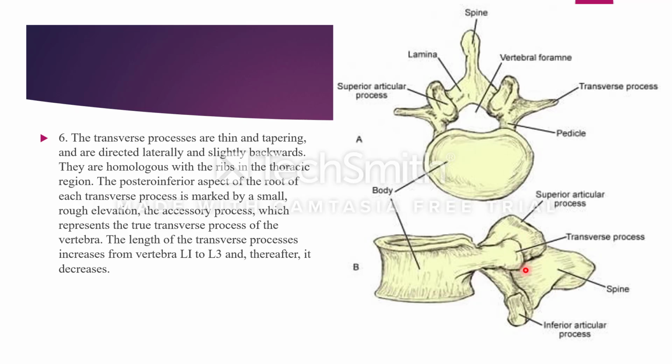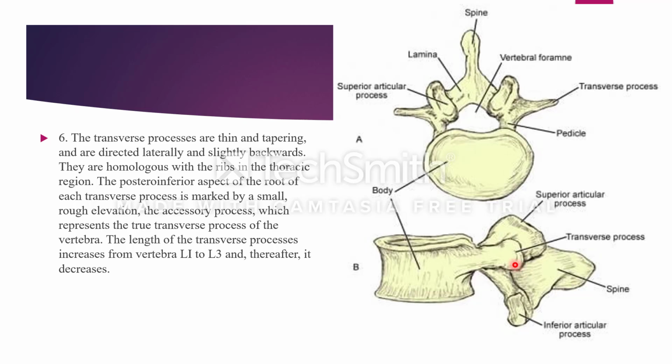And this accessory process represents the true transverse process of the vertebra. See here, this is the true transverse process of the vertebra. Although the whole of the transverse process is homologous to the rib, only the accessory process, which is present on the posterior inferior part of the transverse process, is the true transverse process of the lumbar vertebra.